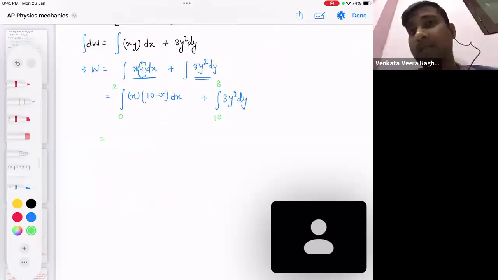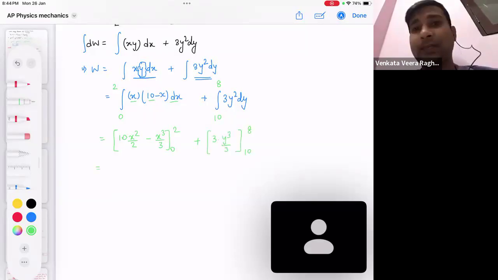Tell me, first term: 10x dx, so 10 x square by 2, minus x square dx, x cube by 3. Limit will be from 0 to 2, plus 3 y cube by 3, limit will be from 10 to 8.